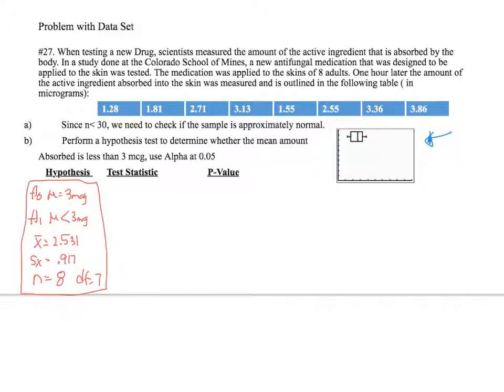We do know that the test statistic T is equal to X bar minus mu naught divided by Sx divided by the square root of n. And of course we can start putting the information into T. So we have T is equal to 2.531 minus 3 divided by 0.917 divided by the square root of 8.